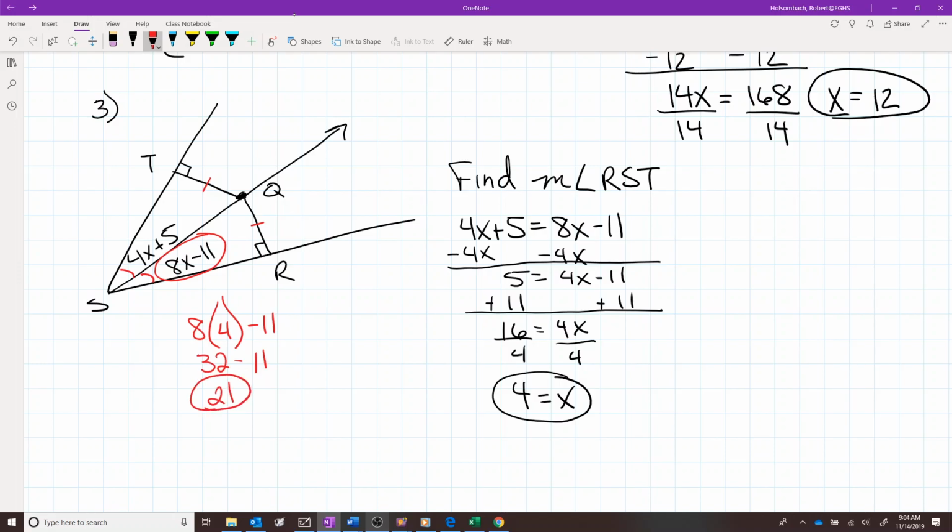Now be careful on this problem because they're asking for RST. RST is the entire angle. So if one of these angles is 21 degrees and they're both equal to each other, well, then they're both 21 degrees. And if that's the case, then the measure of RST is going to be equal to 21 times 2, which is 42 degrees.